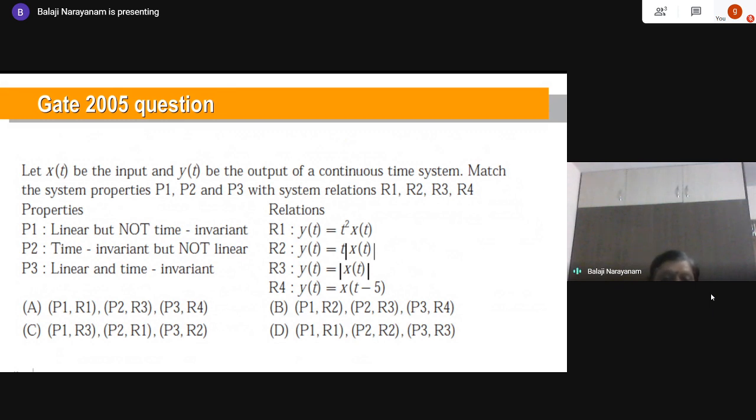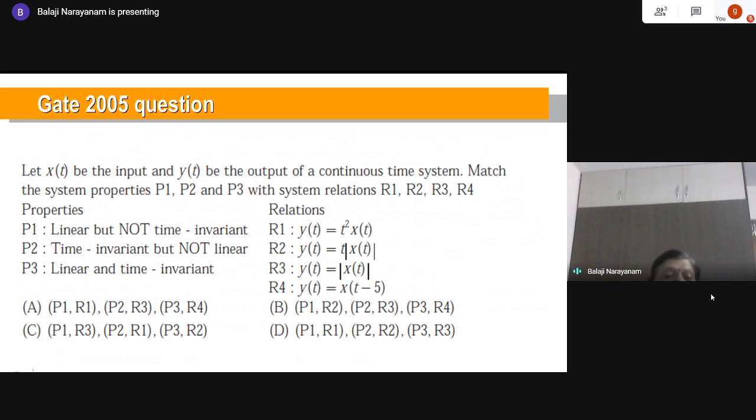That means y of t is equal to t square x of t may be linear but not time invariant, or time invariant but not linear, or linear and time invariant. So you need to check every relation for 2 classification categories of the system.